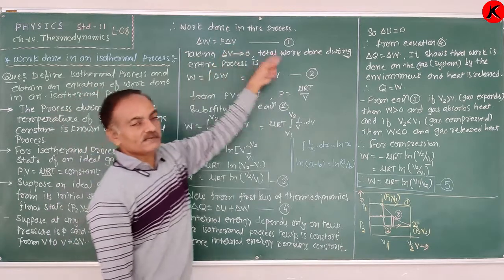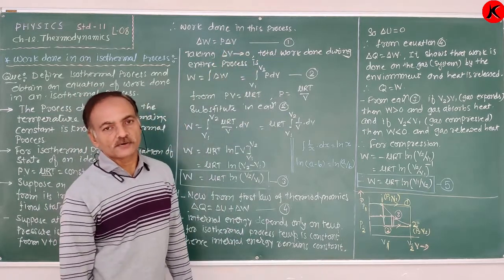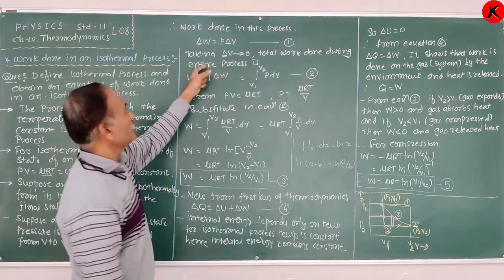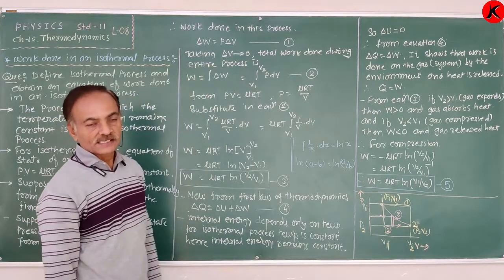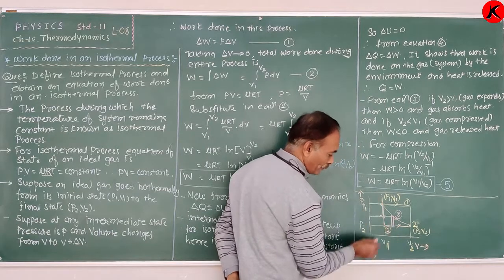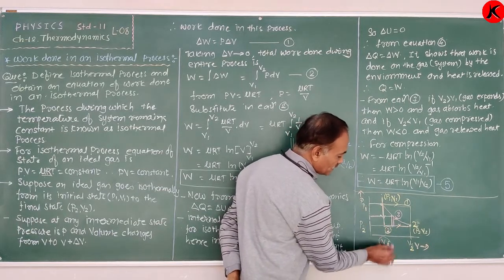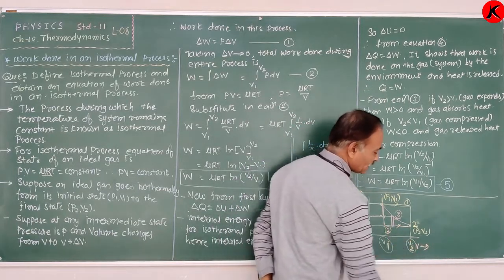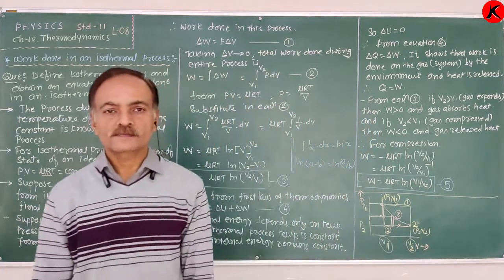Here the change in volume is very small, tending to 0. How do we obtain the total work done during the entire process to bring the system from the initial state, with volume V1, to the final state, with volume V2?